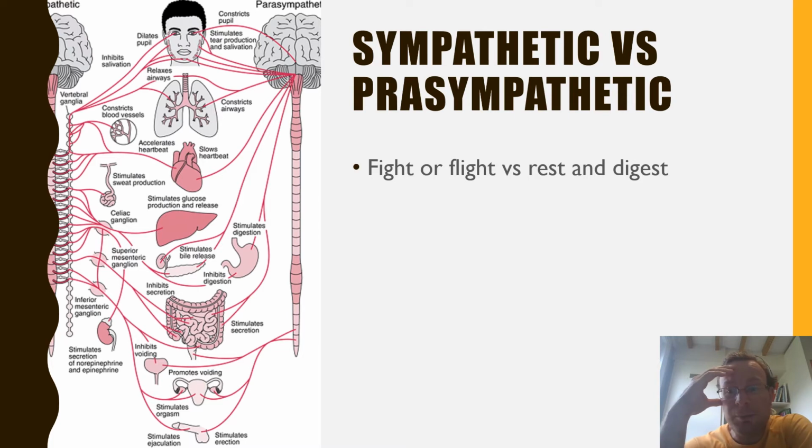So the sympathetic nervous system on the left hand side accelerates the heart. So that's a direct connection from the nerves that actually exit our central nervous system. So they accelerate the heart, they increase the heart rate.